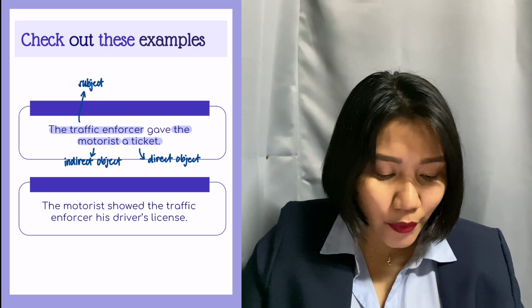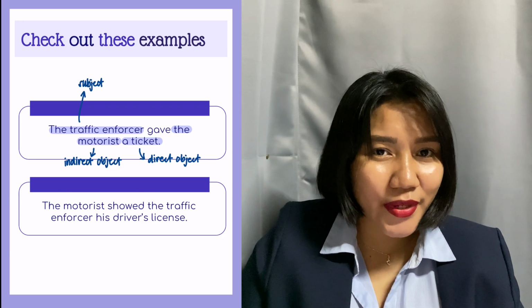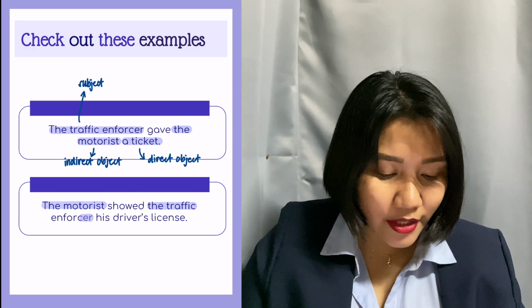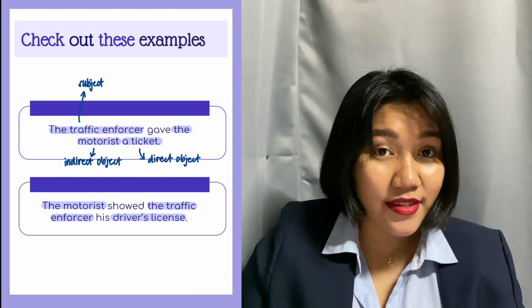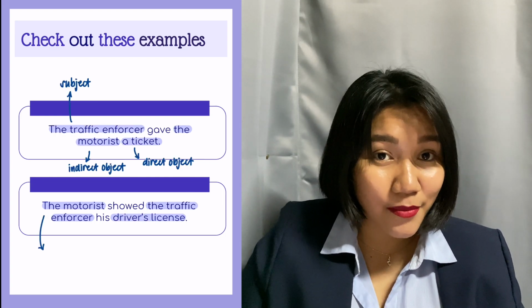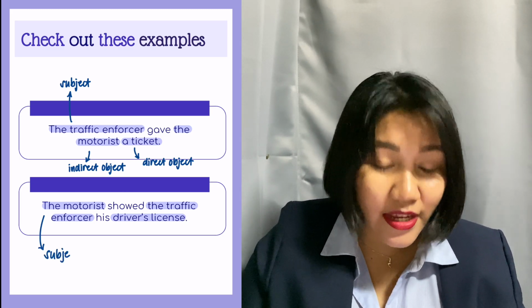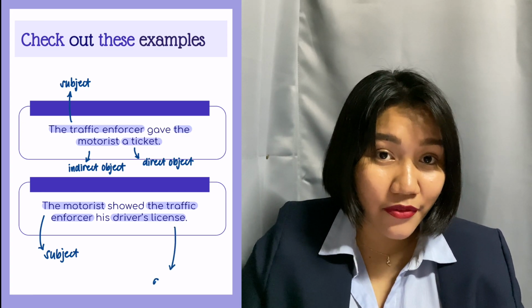The motorist showed the traffic enforcer his driver's license. Once again, there are 3 nouns in the sentence: the motorist, the traffic enforcer, and driver's license. This time, the motorist in this sentence functions as the subject as it is the one that is being talked about. And driver's license functions as the direct object as it receives the action of the verb.